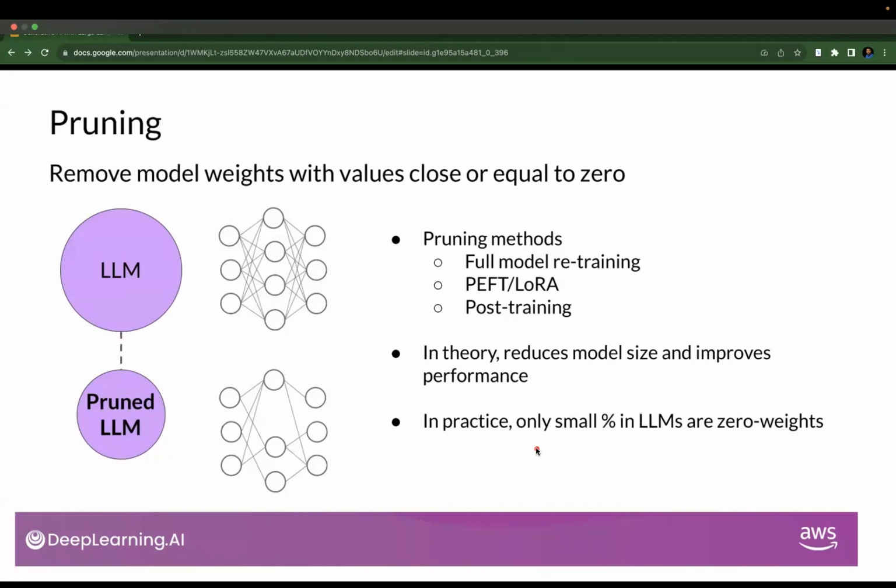This, however, is not widely used because only a small number of weights in the LLMs are 0. But it can have benefits if there are lots of 0 or close to 0 weights, then you end up reducing the size of the final LLM which goes to deployment.